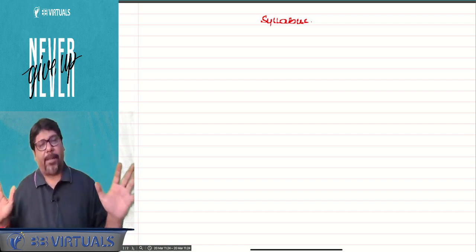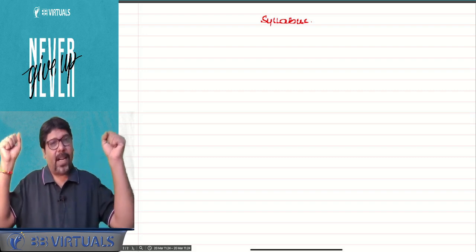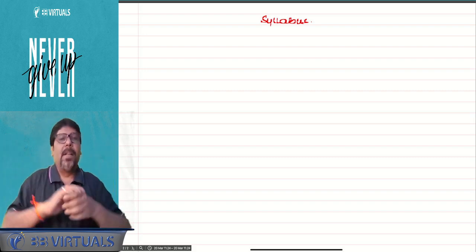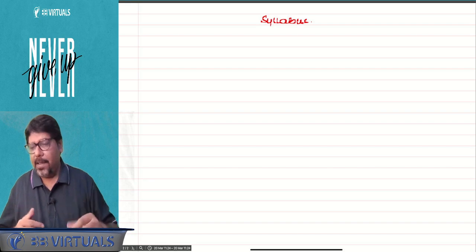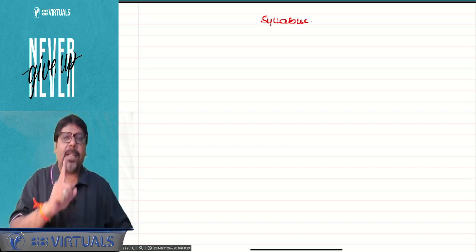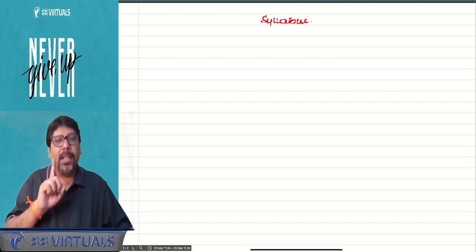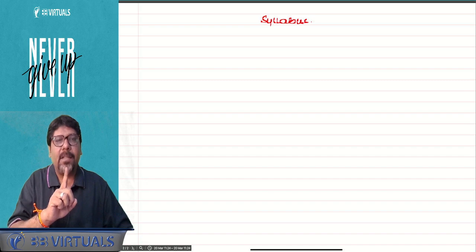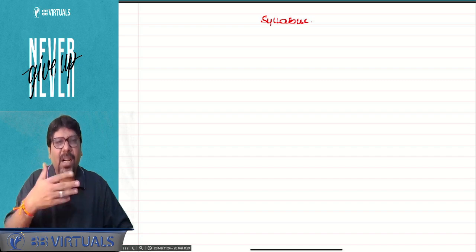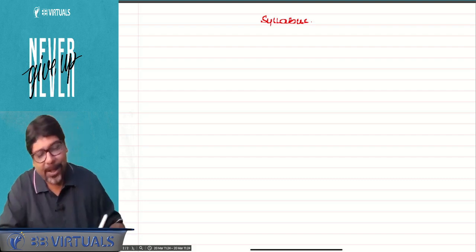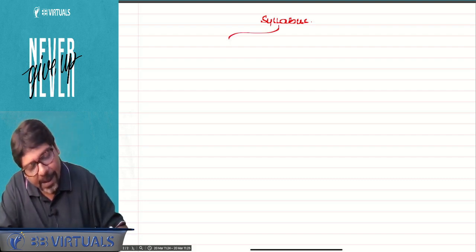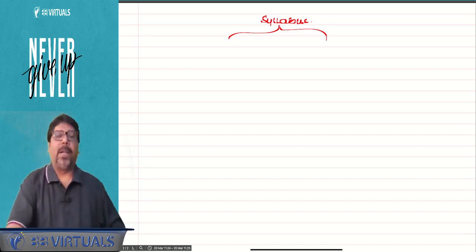Now there were a lot of chapters. So they have drastically reduced the chapters. But they have increased what? They have increased standards. So syllabus is divided into 2 parts.